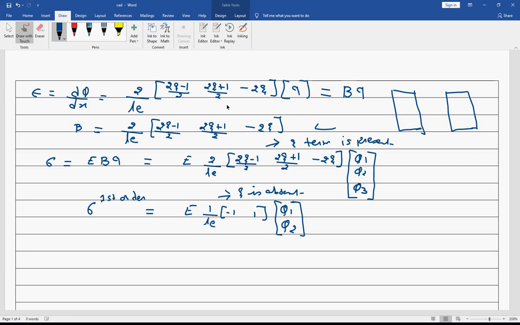So I am having in the first order element node 1 here, node 2 here. In second order, node 1, node 2, and at the center location node 3. Just by looking at these two figures, we used to find sigma.